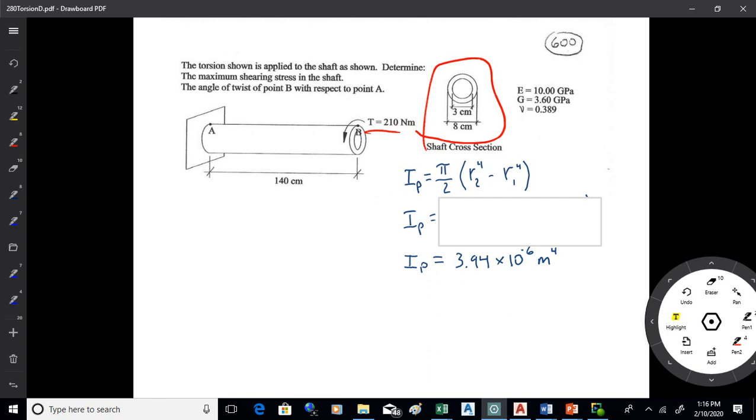And these metric ones for common shaft diameters usually come out to be sometimes 10 to the minus 6 is usually what I end up with.